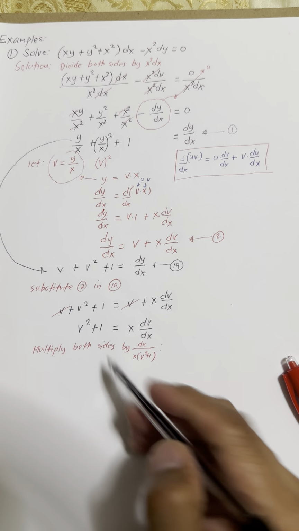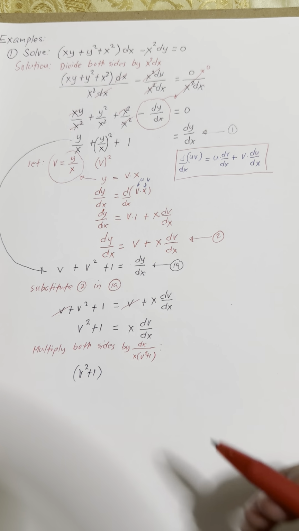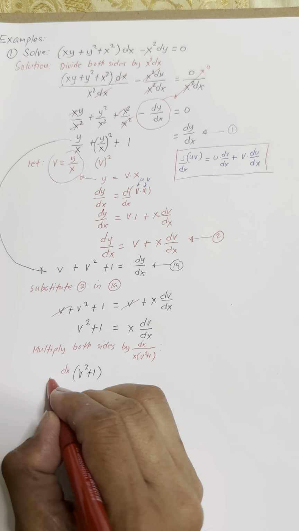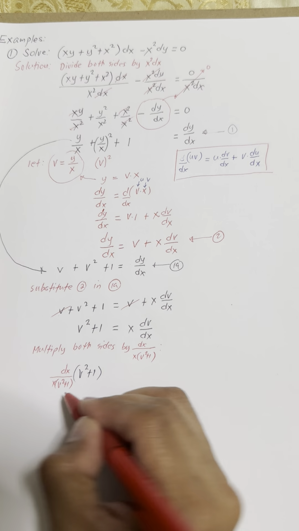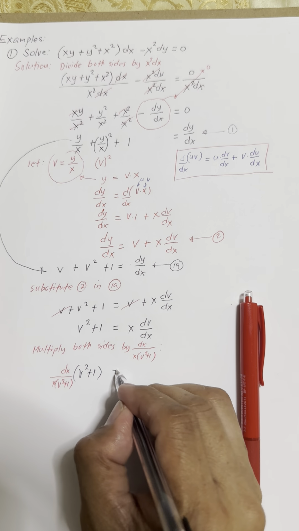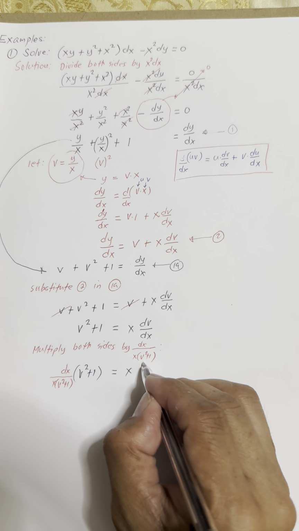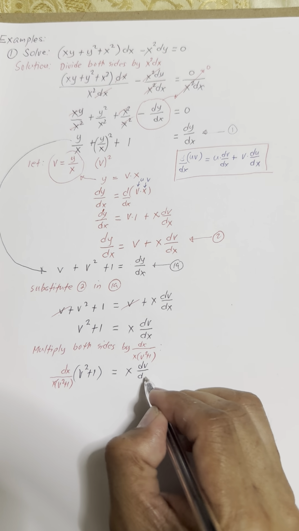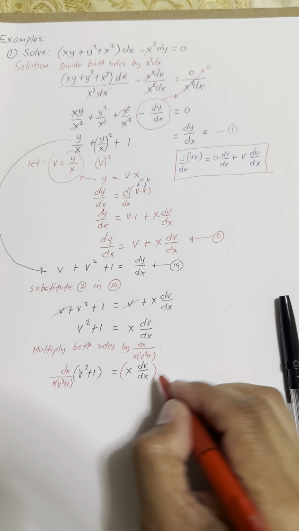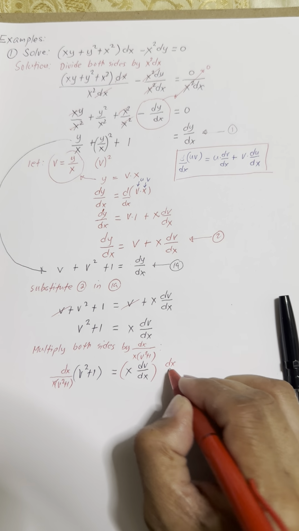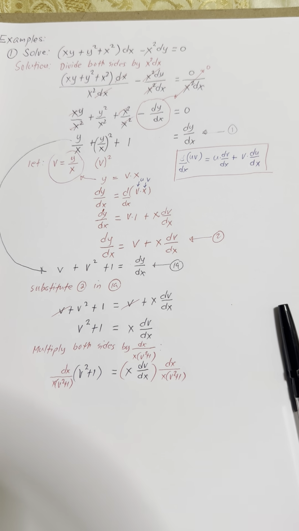Okay, so let's try. So v squared plus 1 multiplied by dx divided by x times v squared plus 1 equals, on the right side, we have x times dv over dx, then multiply this by dx over x times v squared plus 1.